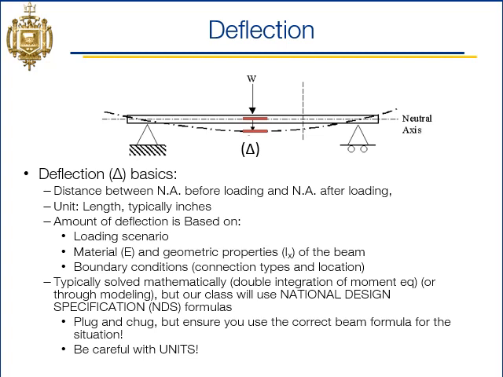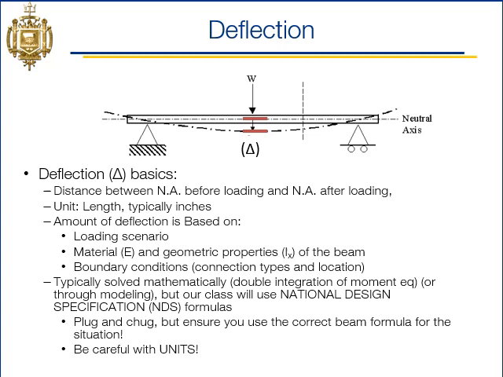So our value for deflection continues to increase as we move away from our connections or our boundary conditions. Deflection is not a constant number across our beam. Deflection changes with position along the beam, and there is a maximum deflection that we are typically looking for.